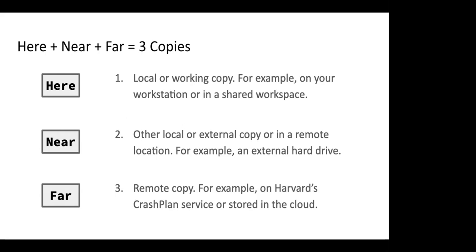So you should have 3 instances of your data that are here, near, and far. I say instances because you don't want to store multiple copies of the same file in the same place, because that would take up your valued storage space and also create confusion about which file to use. So let's look at 2 scenarios.